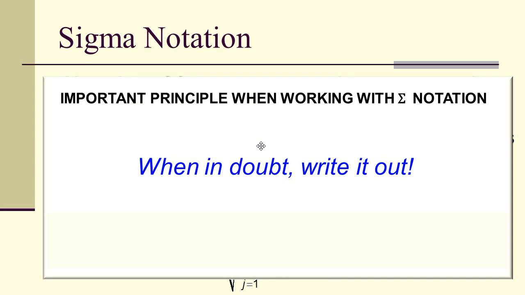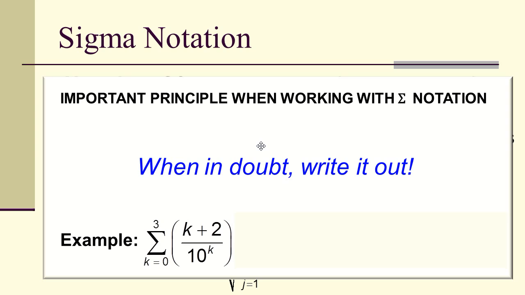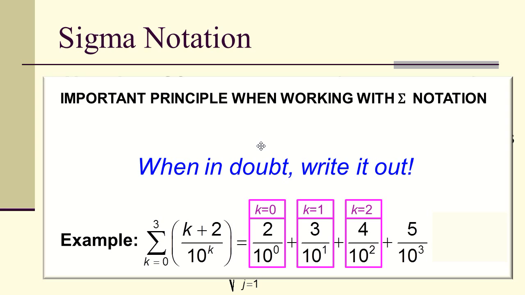An important principle when working with sigma notation, and I like to say it this way: when in doubt, write it out. So if I have some sum, k equals 0 to 3, of (k plus 2) over 10 to the k, then I don't want to play games with symbols if I want to understand what that really says. Remember, you can always write it out and figure out exactly what it says. Sigma is only shorthand for summation. It shouldn't be a replacement for the concept of adding one thing to another for some long list of numbers.